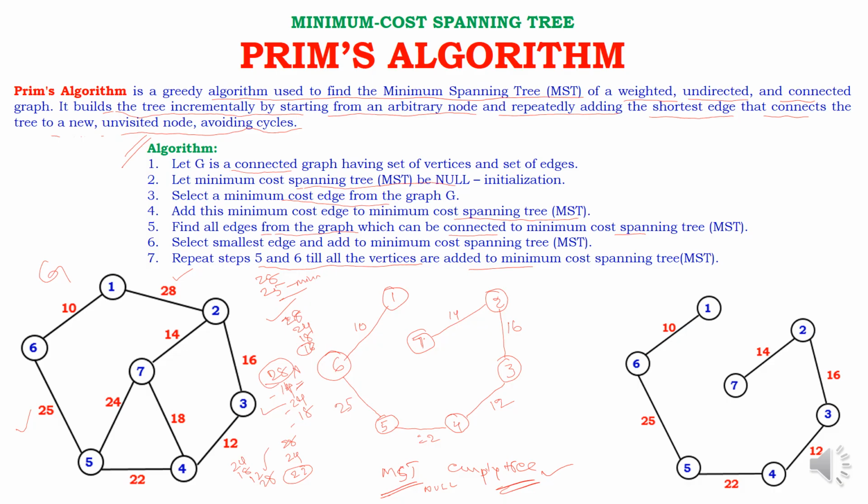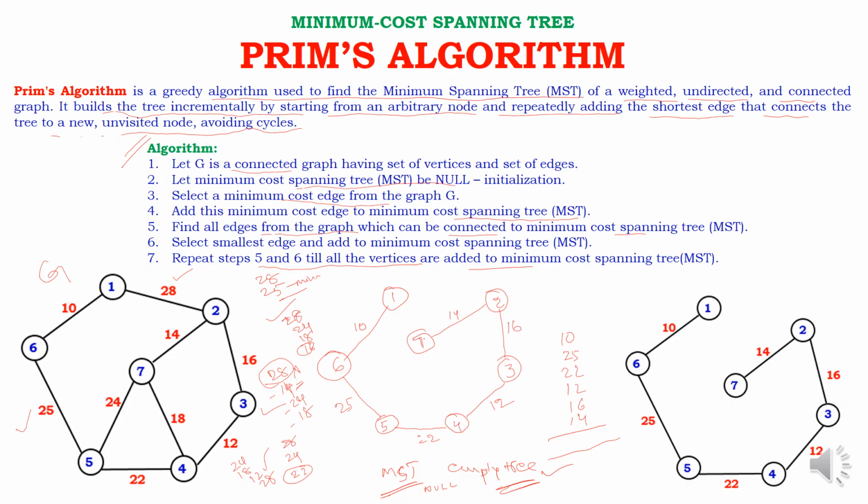So the sum of weights of all the edges 10 plus 25 plus 22 plus 12 plus 16 plus 14 would be the minimum cost spanning tree. So this is the spanning tree which formed by selecting the minimum edges.